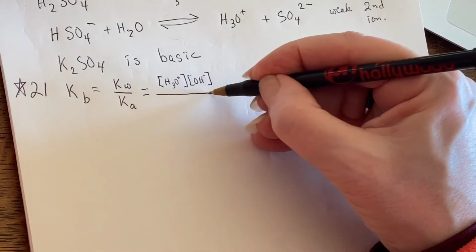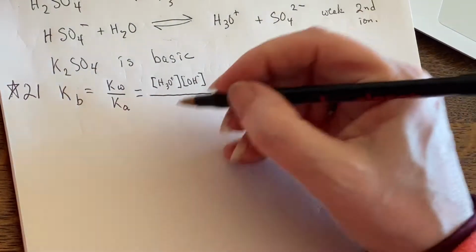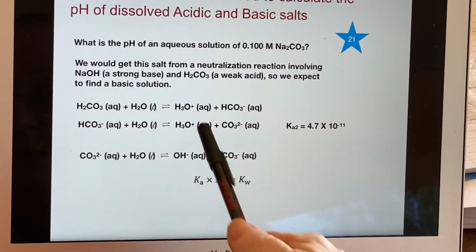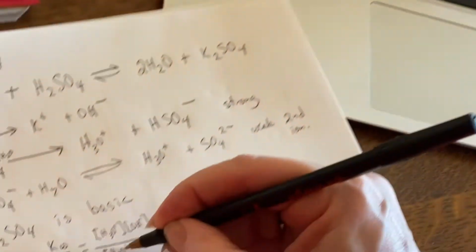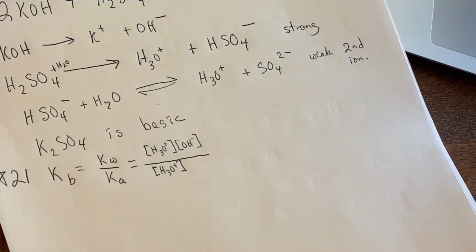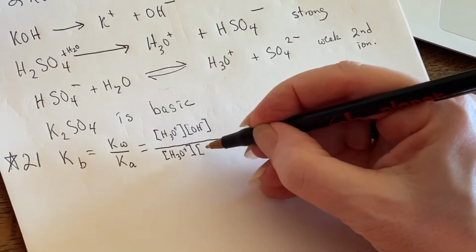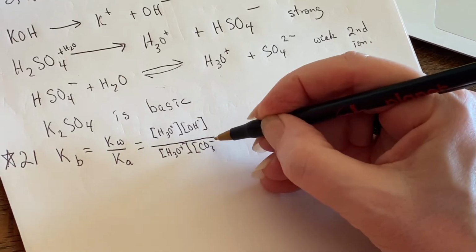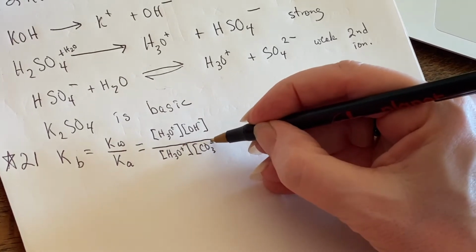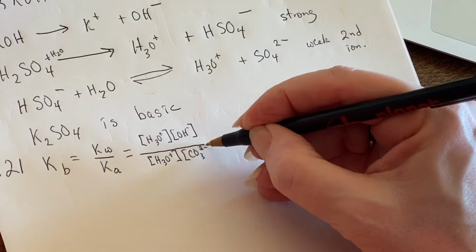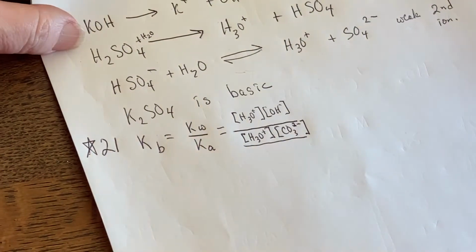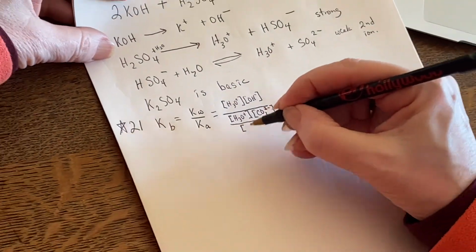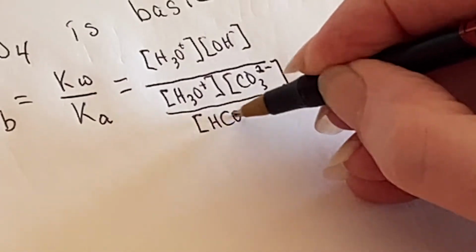For Ka, we will be looking at this one, which would be hydronium ion and the carbonate, 2 minus, over the hydrogen carbonate ion.